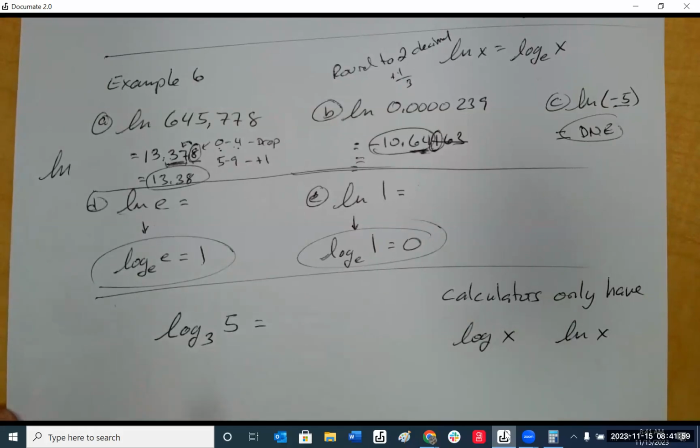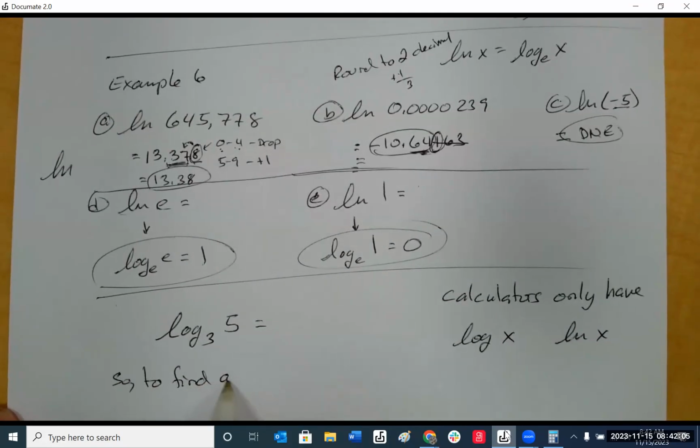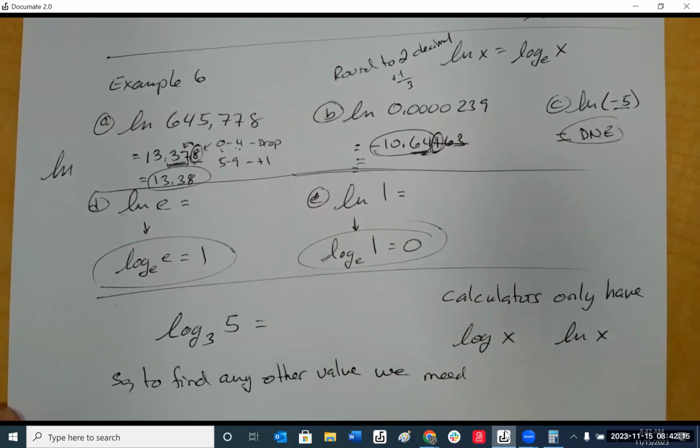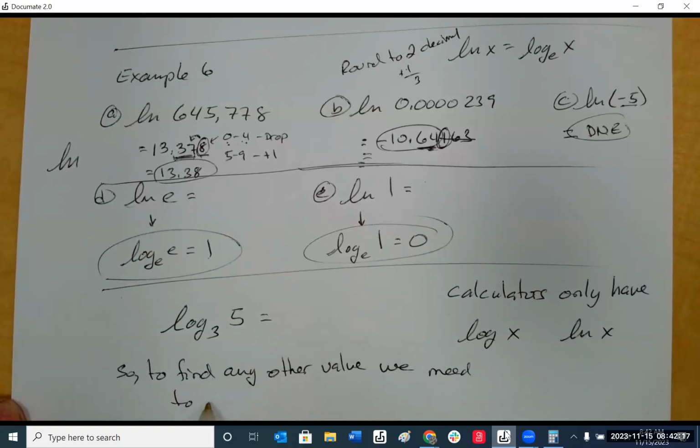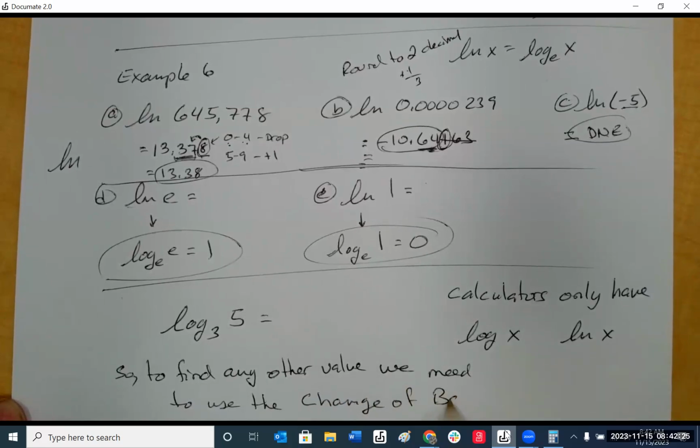So to find this, or any other value, we need to use the change of base formula.